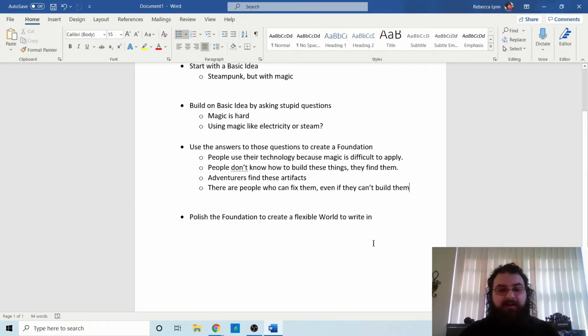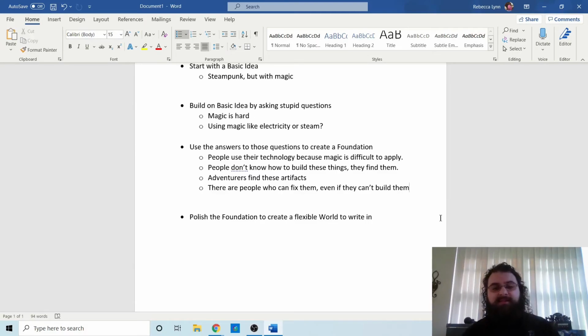From here, we do the final thing, which is to polish this foundation into one more cohesive whole. So we already have our basic idea. From that basic idea, we pulled two kind of basic, stupid questions about the idea itself.